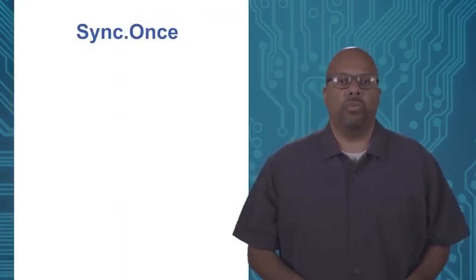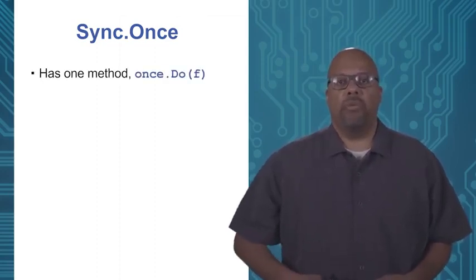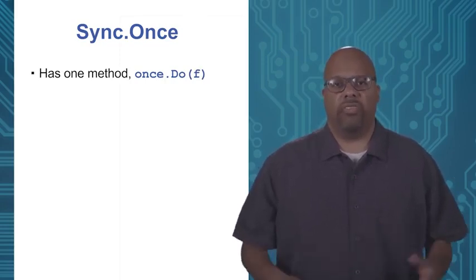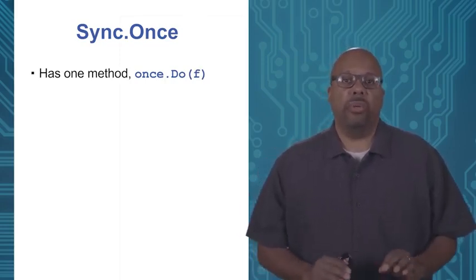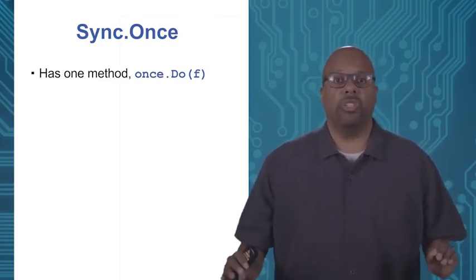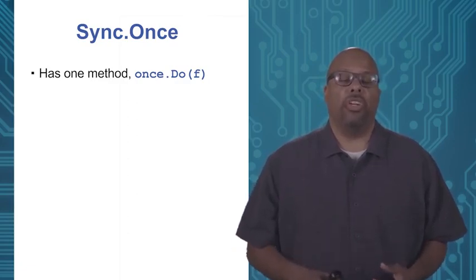This Once object has a method Do, and you pass it some function as an argument. You can see there once.Do(f), whatever that function f is, and you can put this call to once.Do in lots of different goroutines. This function f will only be executed one time.